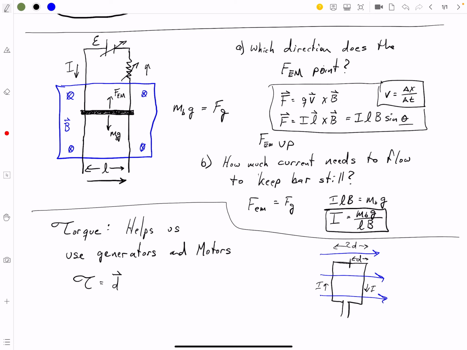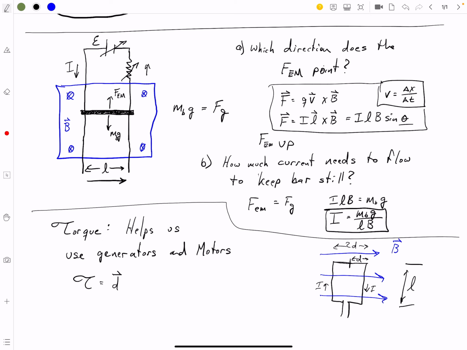Let's see, what other dimensions do we need? We need this dimension. So that's L from the top to the bottom. Okay, and we've got a B field. So that's our B field that we're doing this in.